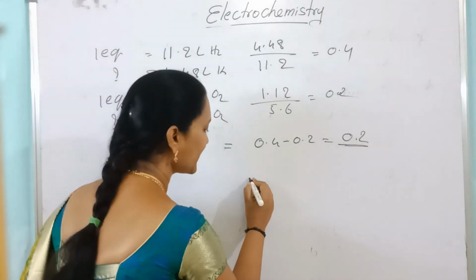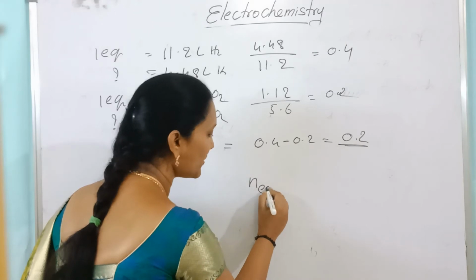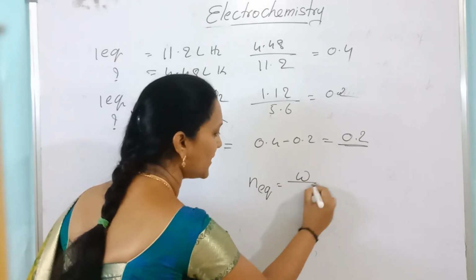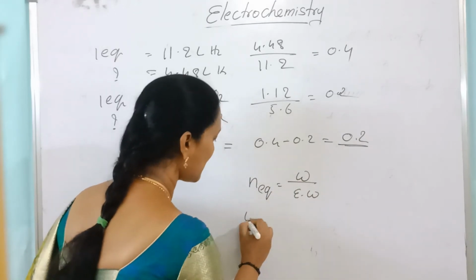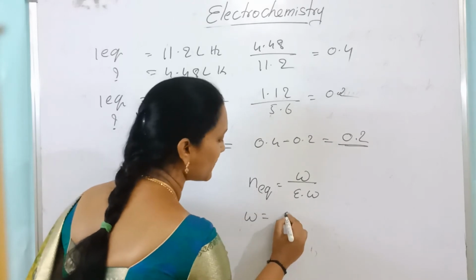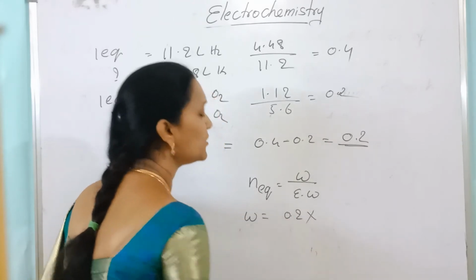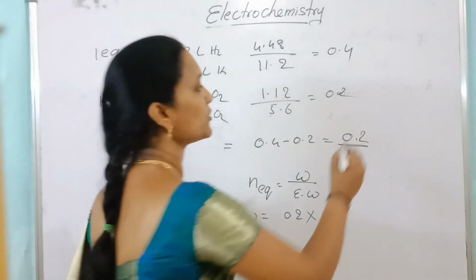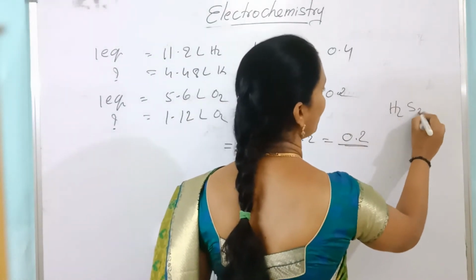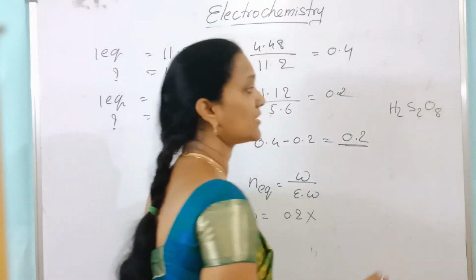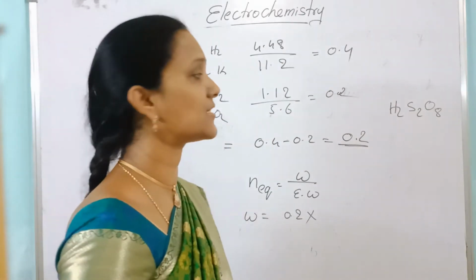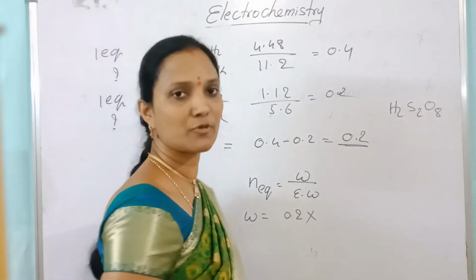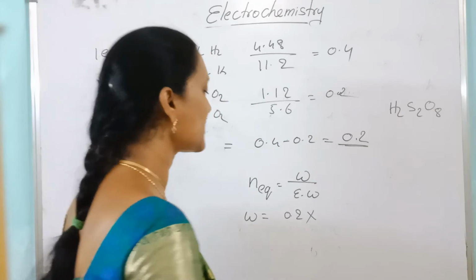What is the formula? The number of equivalents is equal to mass by equivalent mass. Mass is equal to the number of equivalents, 0.2, into the equivalent mass of H2S2O8. Hydrogen 1, sulfur 32, oxygen 16. If you add, 194 is the molecular mass. Then the equivalent mass is 97.